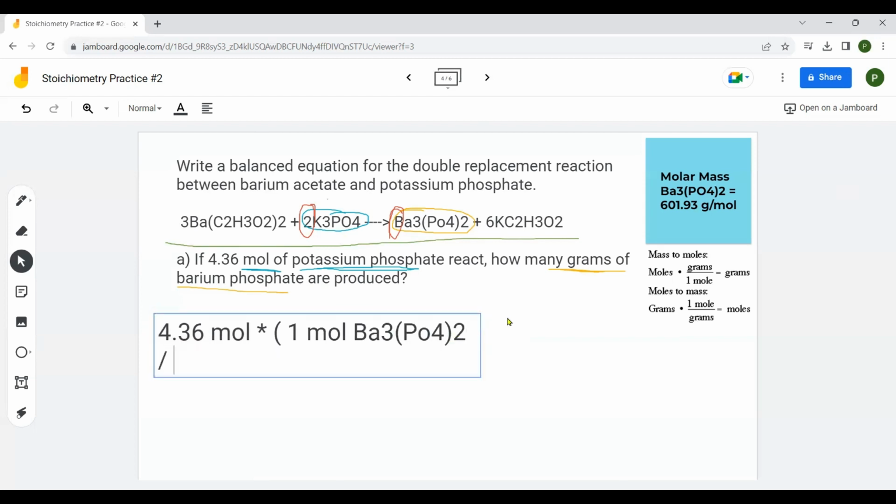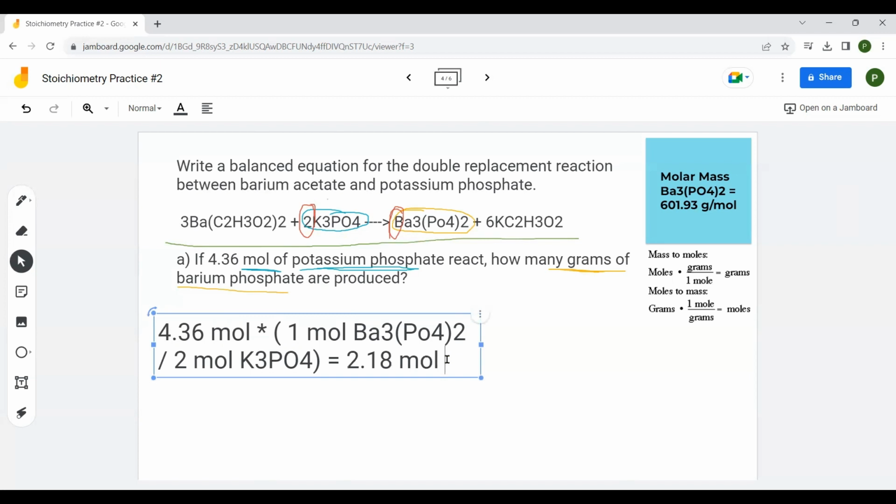We know we have 4.36 mole of potassium phosphate. So in our ratio, that one's a 2, that one's going to go on the bottom. So I'm going to say I have 2 mole of potassium phosphate. Okay. Now we can go ahead and plug that into our calculator as per usual. And we are going to end up with 2.18 mole.